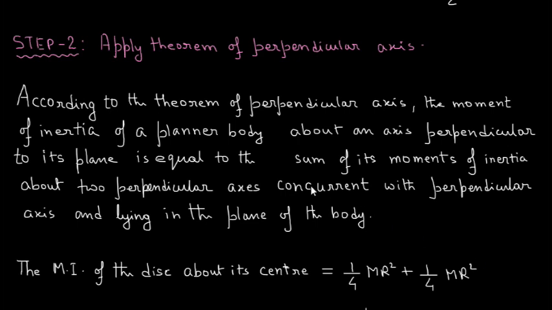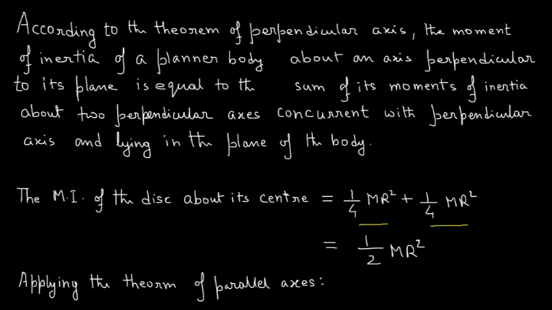According to the theorem, the moment of inertia of a planar body about an axis perpendicular to its plane is equal to the sum of moments of inertia about two perpendicular axes concurrent with the perpendicular axis and lying in the plane of the body. So we get 1 upon 4 mr square plus 1 upon 4 mr square. Upon solving, we get half mr square.